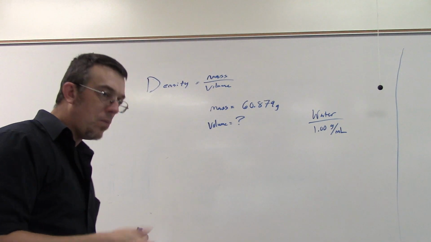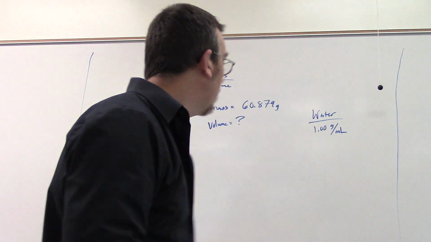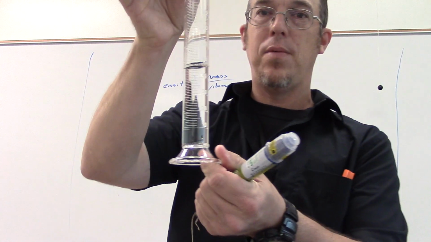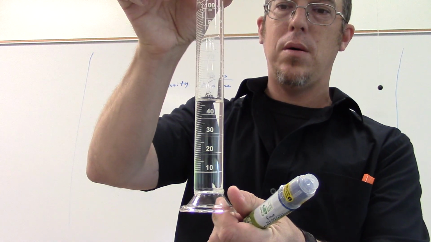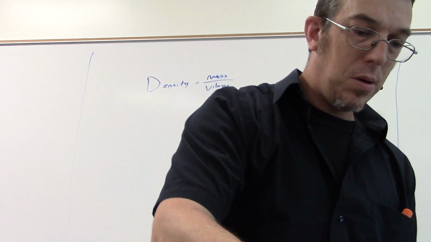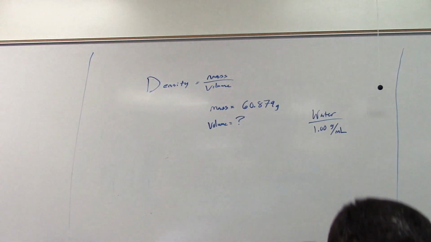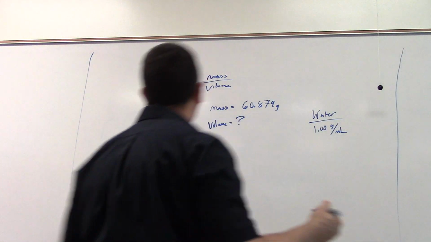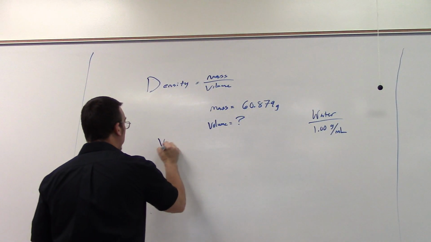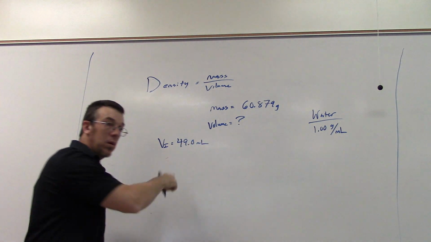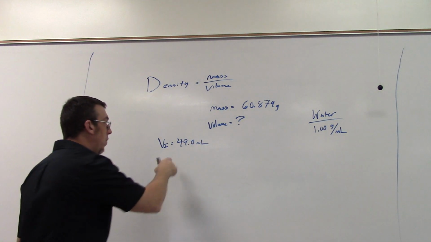To do this, we're going to use a graduated cylinder. In this graduated cylinder, I already have a pre-measured amount of liquid, in this case water, and that amount is roughly 49 milliliters. So the V initial in the graduated cylinder is 49 milliliters. One of the things you're going to notice is that I do write the first decimal place.